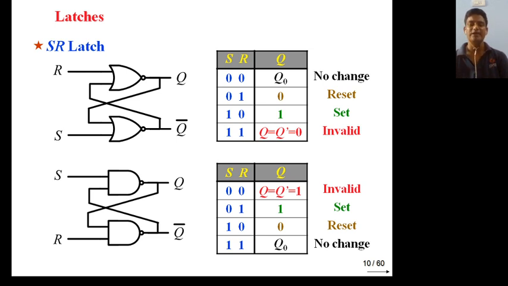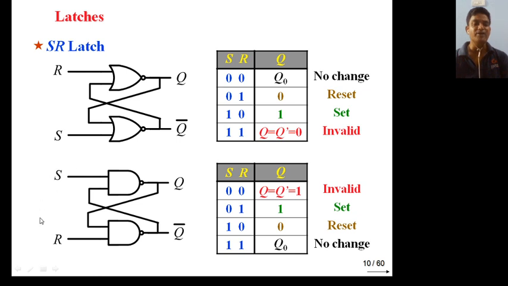So you know the duality theorem: change 0 by 1 and 1 by 0. So in a NAND gate, if any one input is low, the output will be high. Use this concept. Suppose both are 0 0.